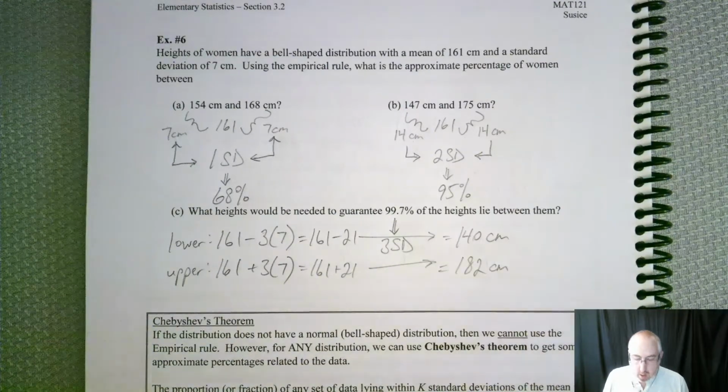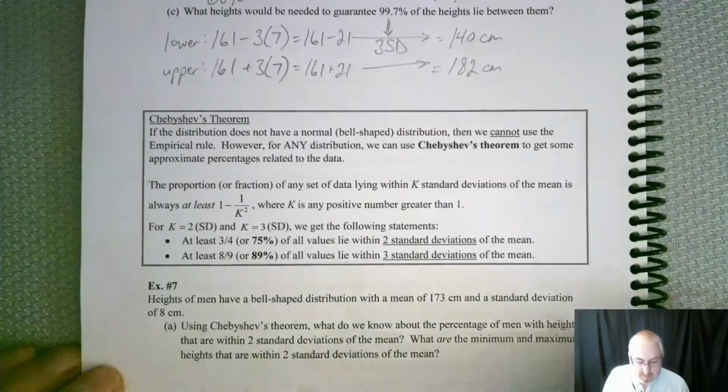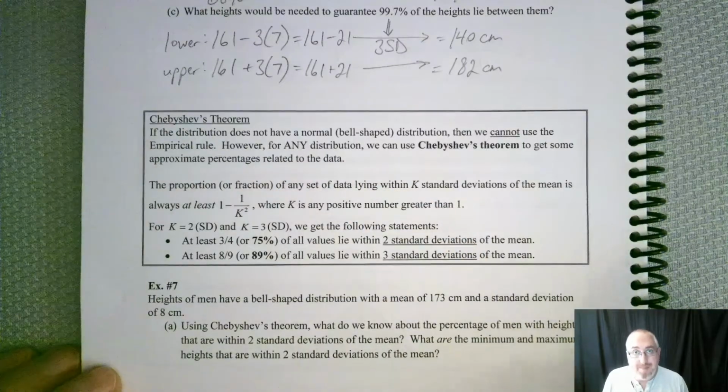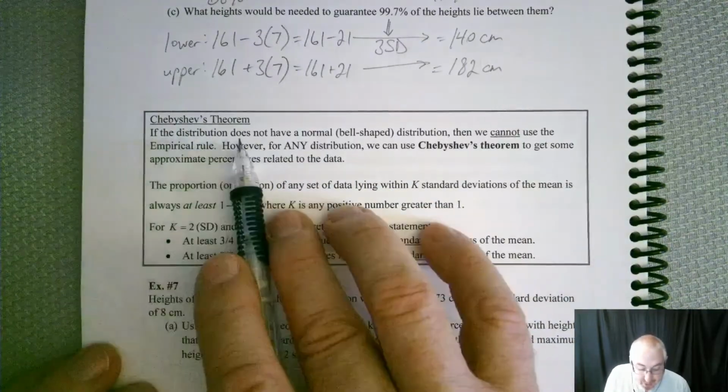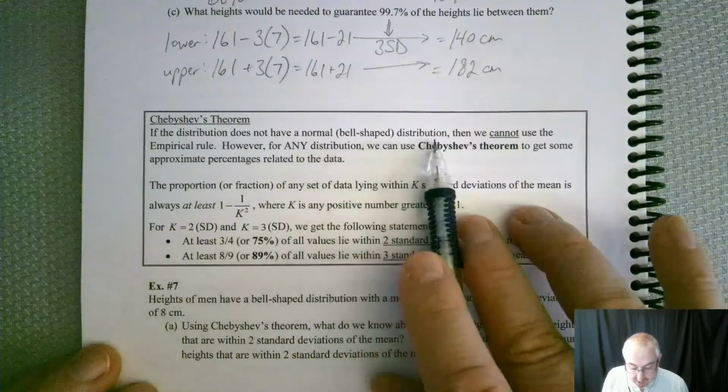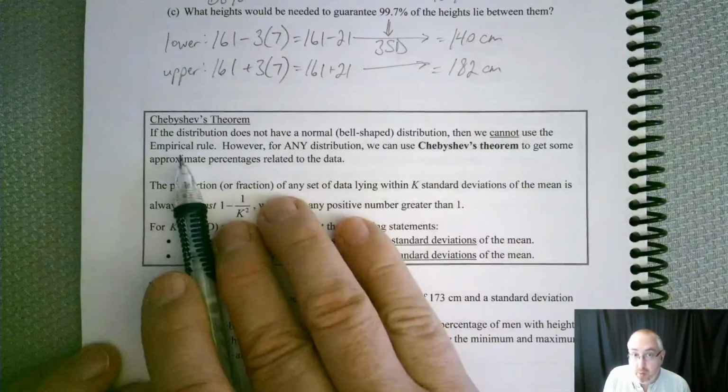So, okay, that's for a bell-shaped distribution, though. We don't always have a bell-shaped distribution, so what do we do then? Well, luckily, there was a Russian mathematician by the name of Chebyshev who thought of that. If the distribution does not have a normal or bell-shaped distribution, then we cannot use the empirical rule.